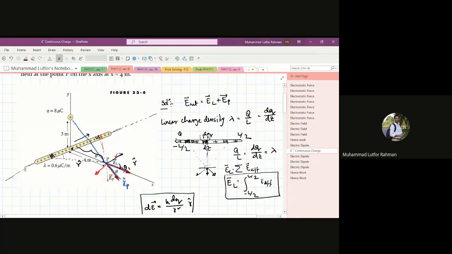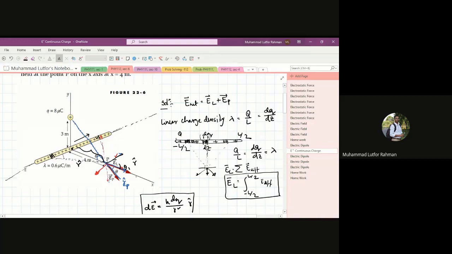It has two components. One is towards the positive X direction, and another would be towards the negative Y direction. Since it creates the angle theta over there, and this angle would also be theta, right?